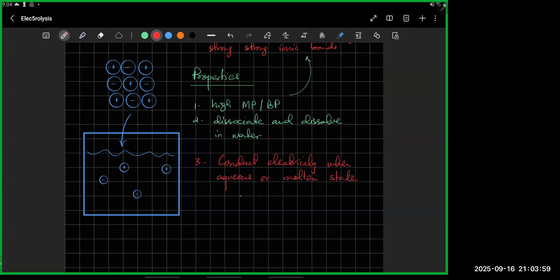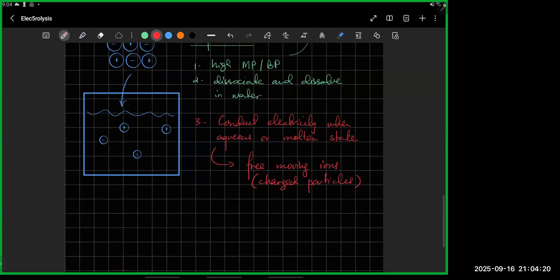Why? If they ask you why they conduct electricity when molten or aqueous, it's because in that state they have free moving ions, charged particles. Only in that state will they be conducting electricity.